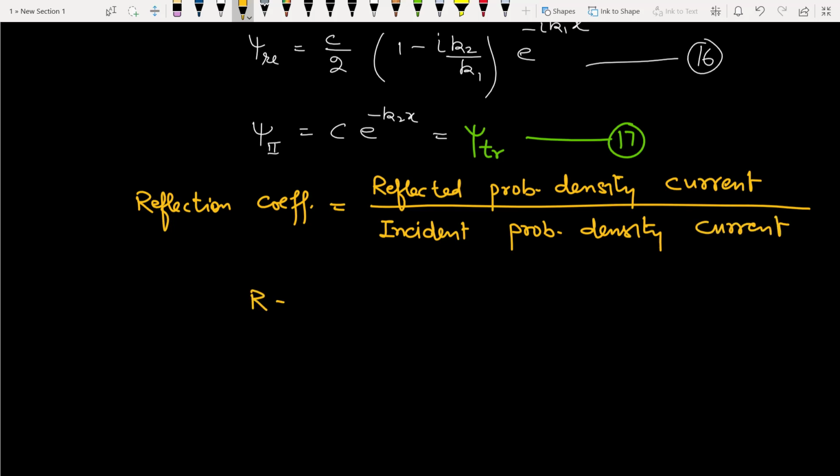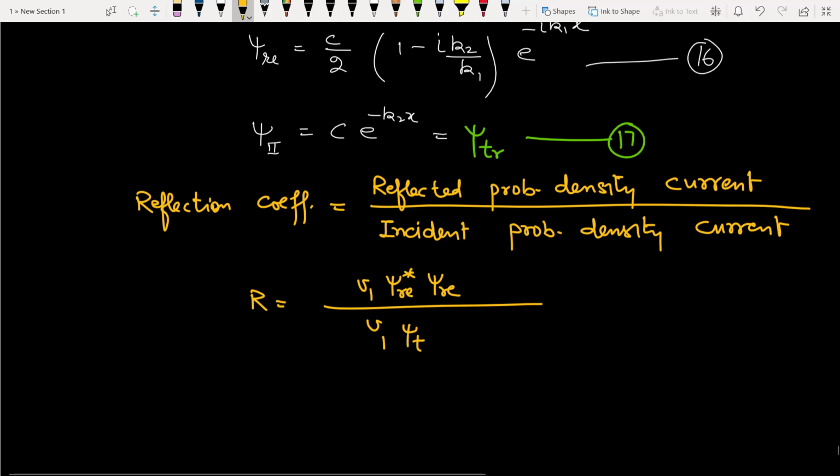So capital R is equal to v1 psi RE star psi RE over v2 psi incident star psi incident. It will be the same velocity because incident and reflected waves are lying in the same region. So we calculate the reflection coefficient.